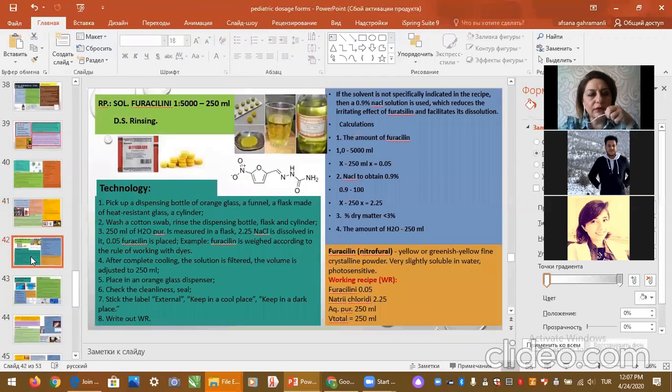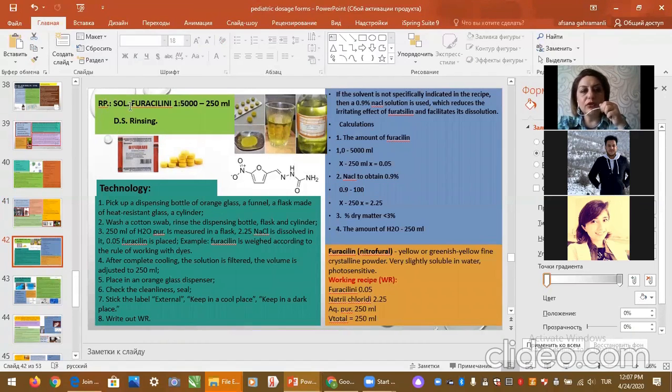I want to give you our next prescription, furacelinum. The trade name is furacelinum, but its international name is nitrofural. Nitrofural, its chemical formula, and this is a trademark of furacelinum. From furacelinum powder, we prepare solutions for using not only for children, but for adults too.